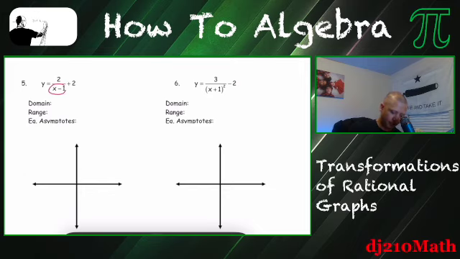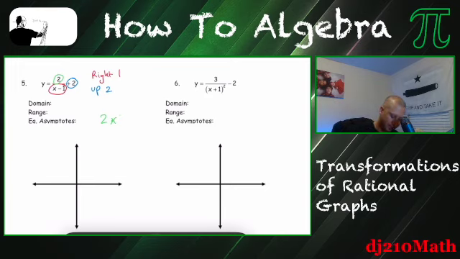this is going to be inside, right, inside lies. So this is a shift to the right 1. Vertically, we're going to go up because it's plus 2. And then we're going to stretch it. Anytime you multiply, with 2 being in the numerator, this is the same as saying 2 times 1 over 1 minus x. If this was some other equation, you would say the 2 in front stretches it.